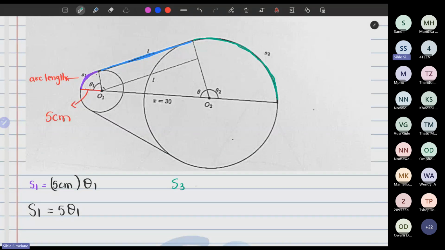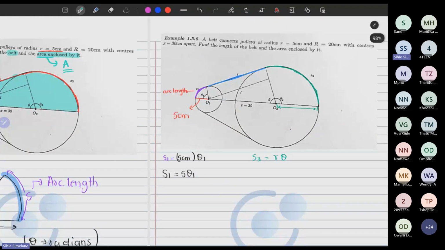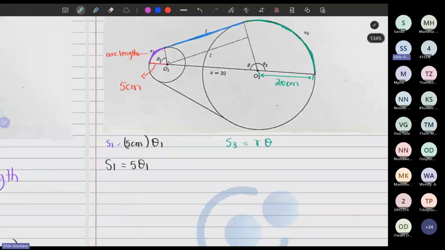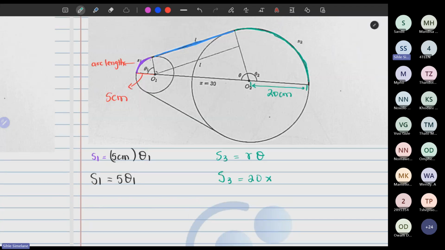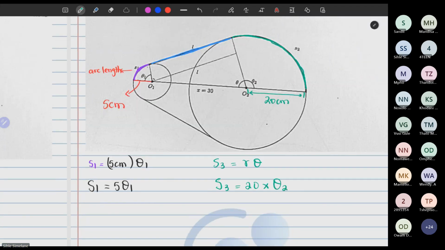If you look at S3, we said arc length is the radius times the angle. So if you look at the radius from here to here, they gave it in the problem statement, it is 20 centimeters. So our S3 will simply be 20 multiplied by the angle, which we see there, which is theta 2.